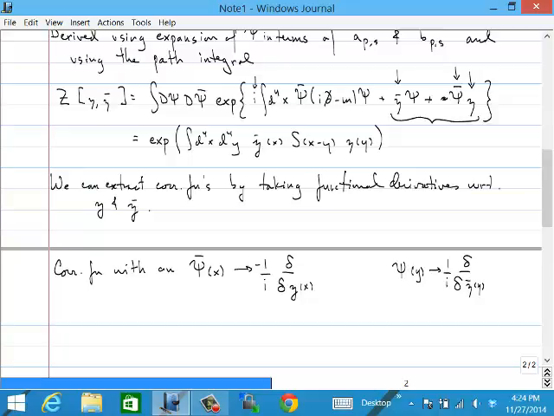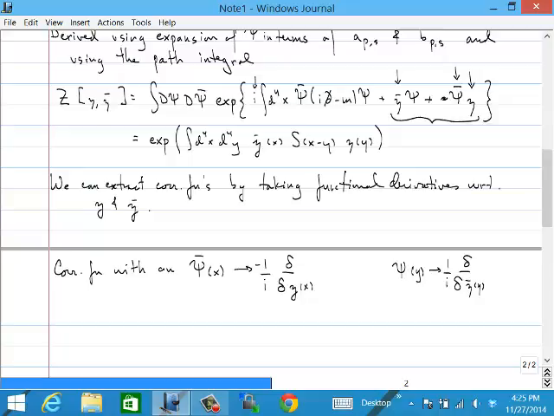And you have to apply these functional derivatives to this generating function, normalize everything to set the VEV of the ground state equal to 1, and then evaluate that at all of these etas and eta bars equal to 0.